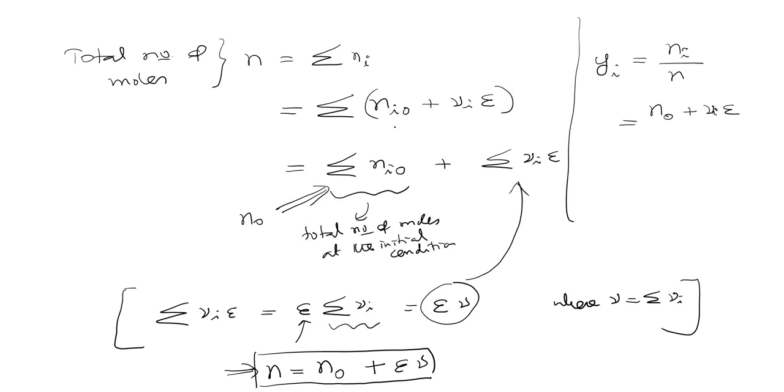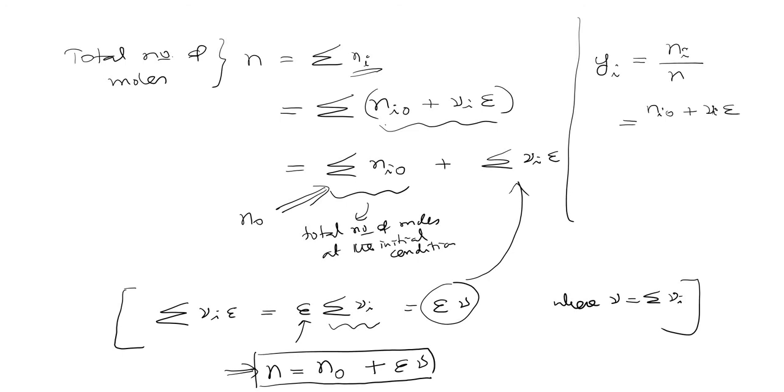See here, we have this expression: Ni is equal to Ni naught plus nu I into epsilon. What is Ni naught?